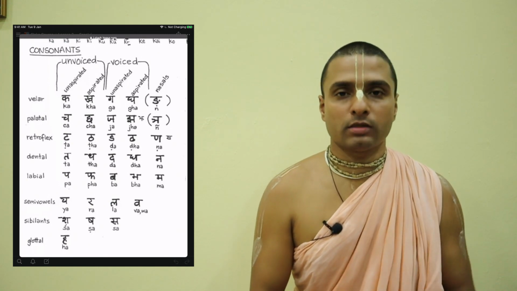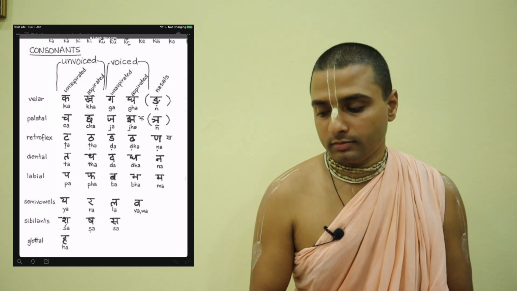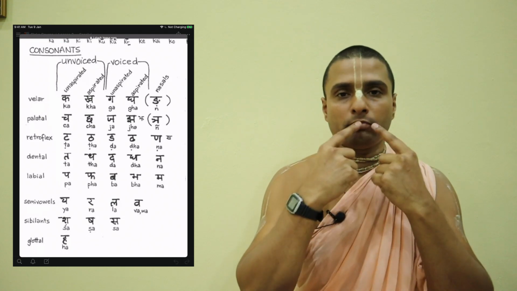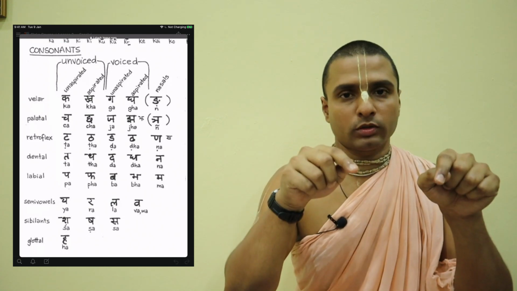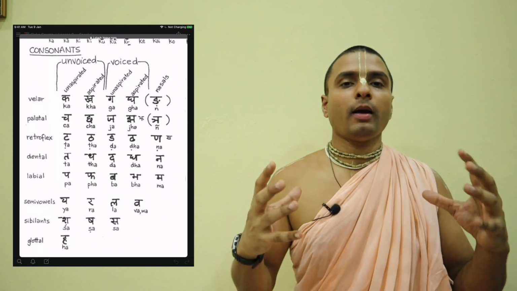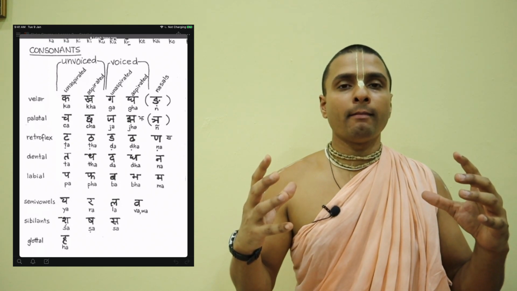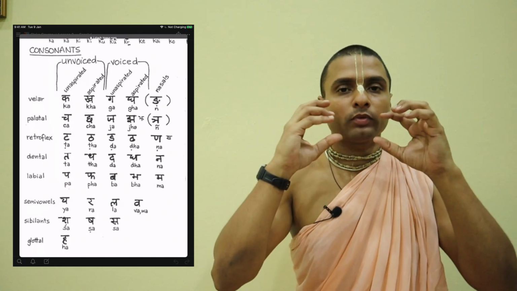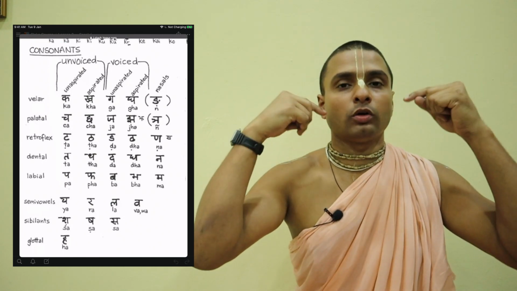Finally, nasal. Ma. It's closed. Where is it coming from? The nose. That's why it's called nasal. So what is happening? It is resonating inside the mouth chamber, and then going up and coming out from the nose.